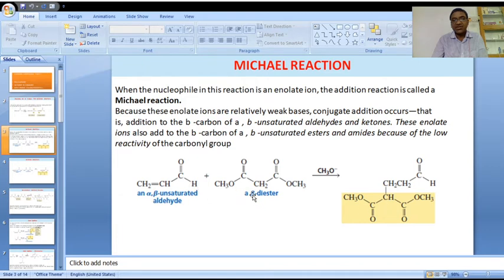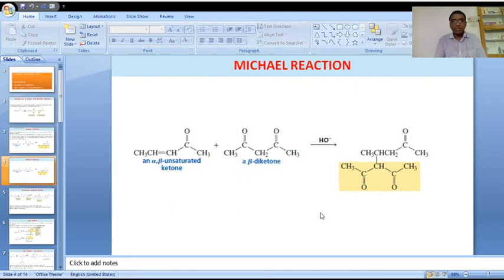That active methylene hydrogen is shifted to the alpha carbon. This is the final product, the Michael addition product. We will discuss the mechanism for this Michael reaction.